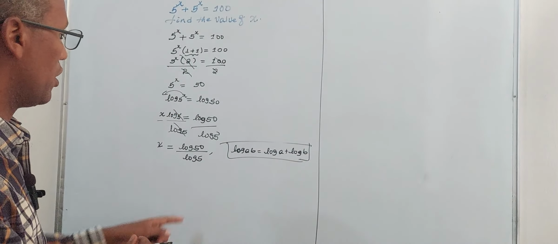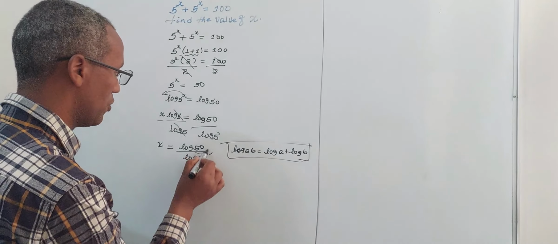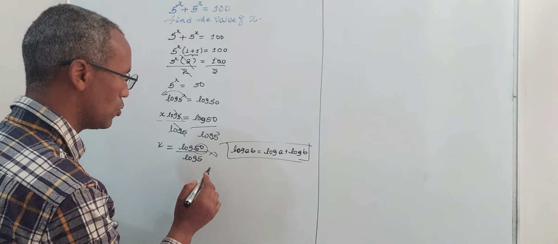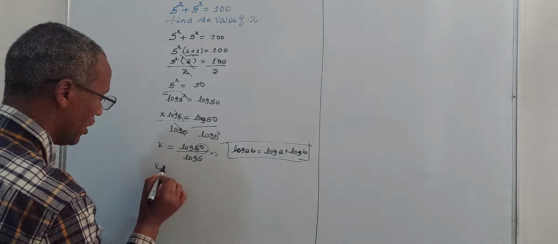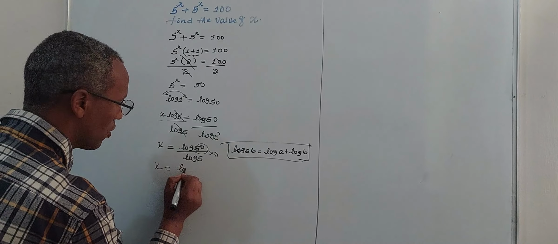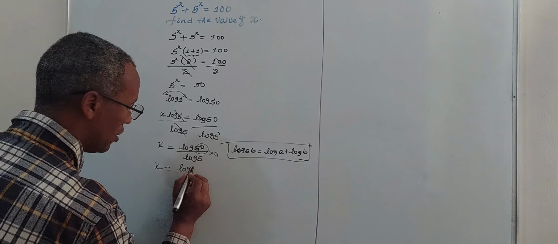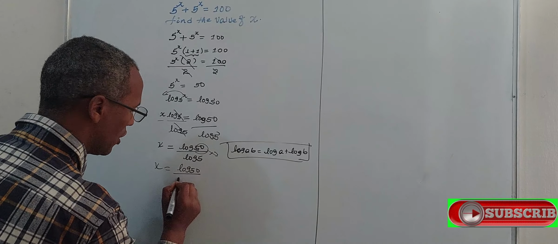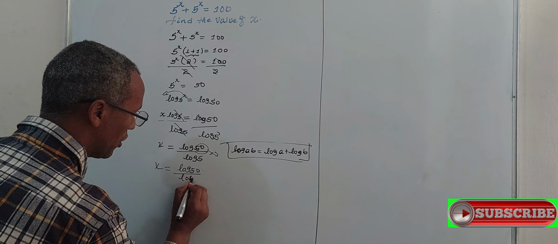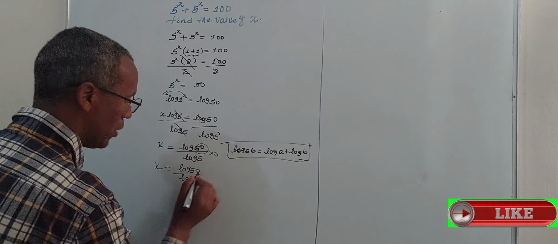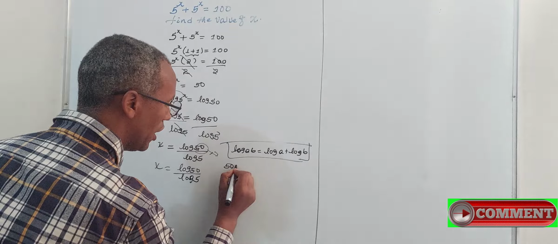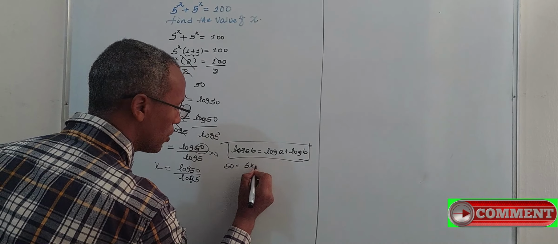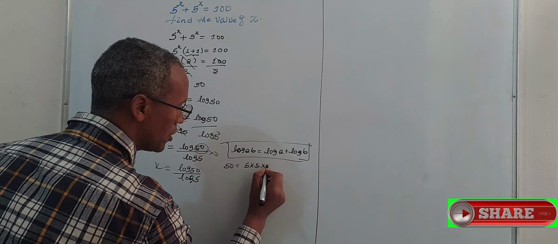Now, as you know, before that, what is this 50? Let me write over here: x is equal to log of 50 over log of 5, okay? What I'm trying to say is that 50 is basically 5 multiplied with 5 multiplied with what? 2, right?